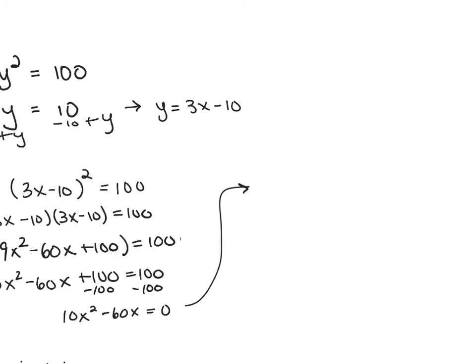A common factor would be 10x, leaving x minus 6. So then the solutions will be x equals 0 and x equals 6.